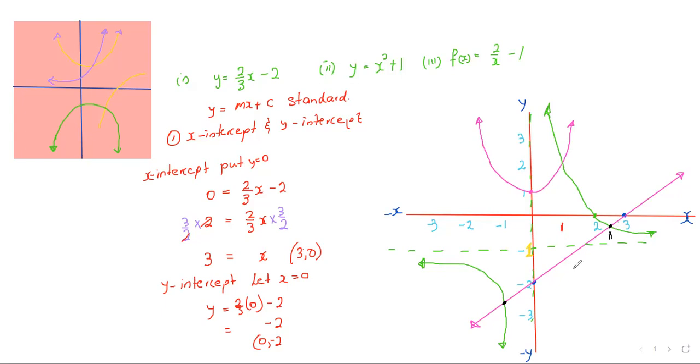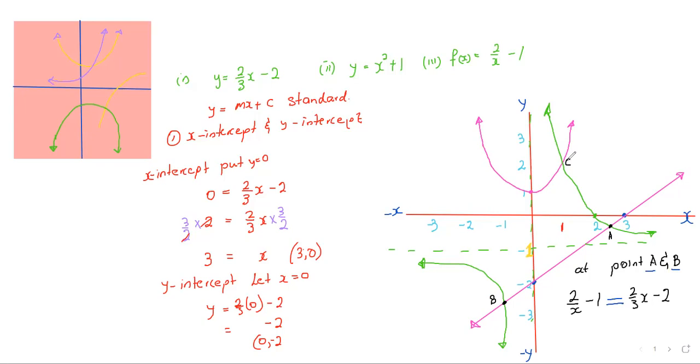We can call that A, call that B, call that C. At points A and B, the two functions are equal, which means 2 over x minus 1 is equal to the straight line, which is 2/3 x minus 2.